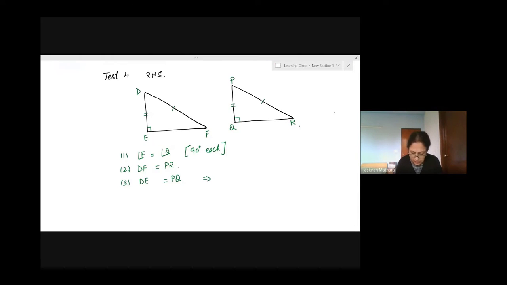This implies that triangle DEF is congruent to triangle PQR. So using any of these four tests, depending on the information available in the question, we can test whether the triangles are congruent or not.